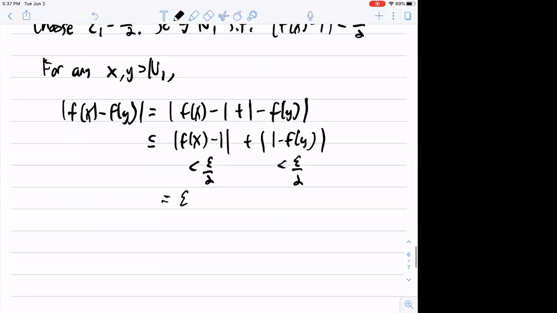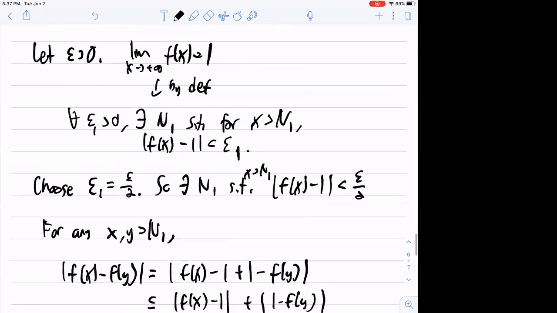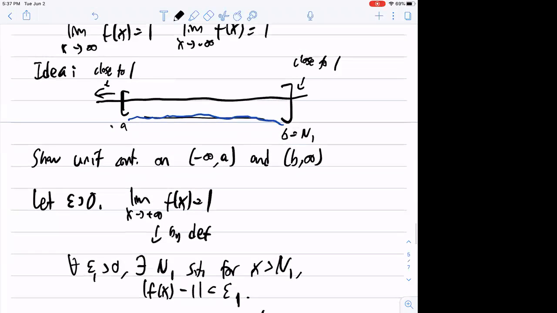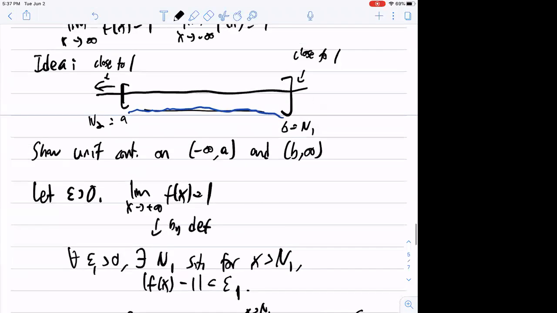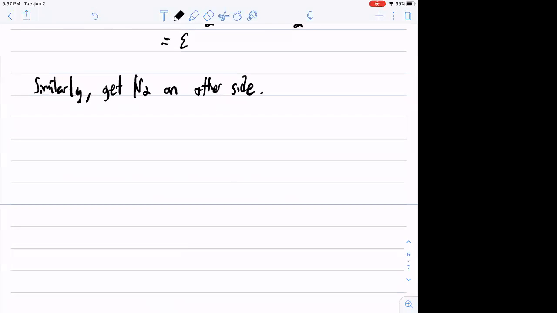So similarly, you get n2 on the other side. I'll let you write that up, just for practice. And then from the two above, you get uniform continuity on n1 to infinity.